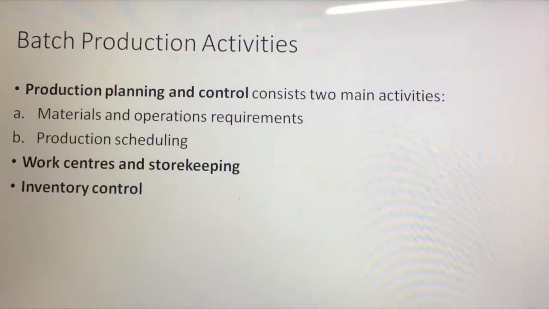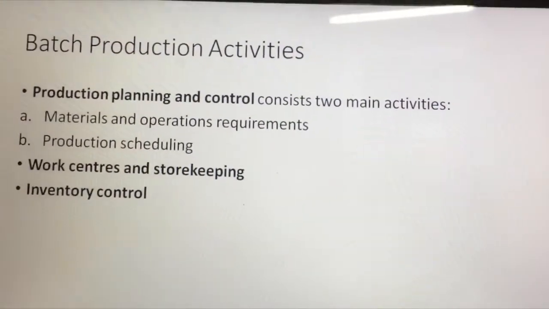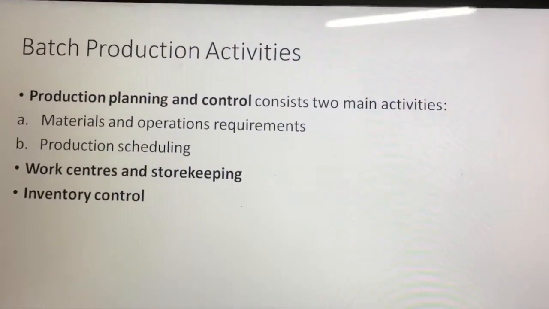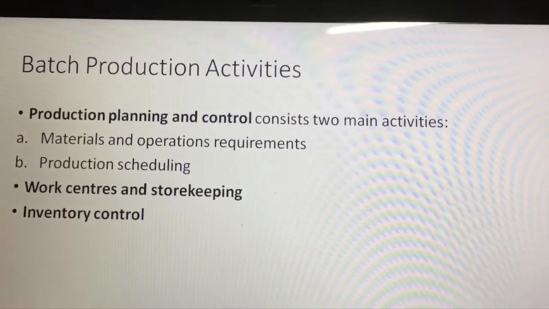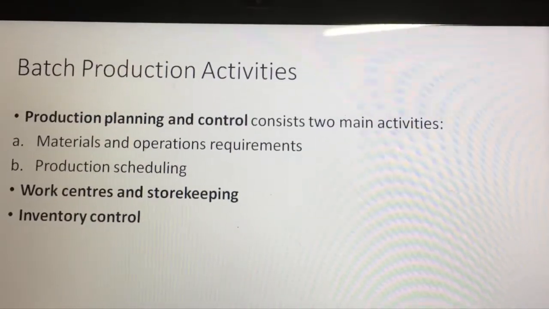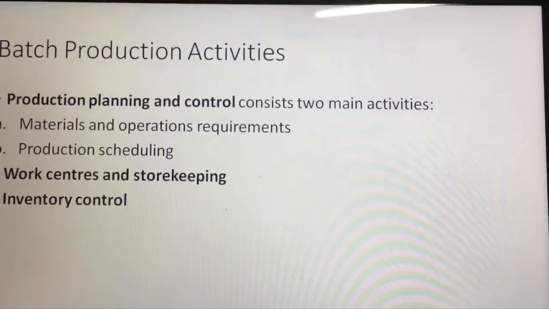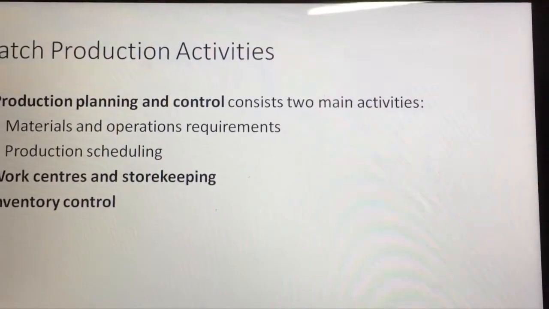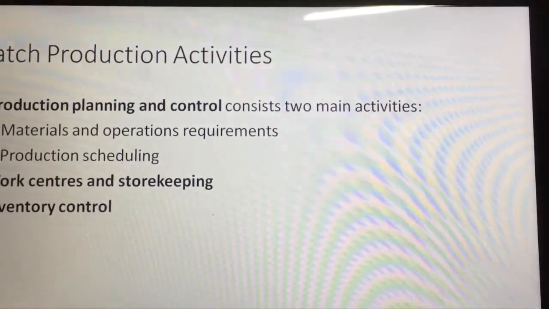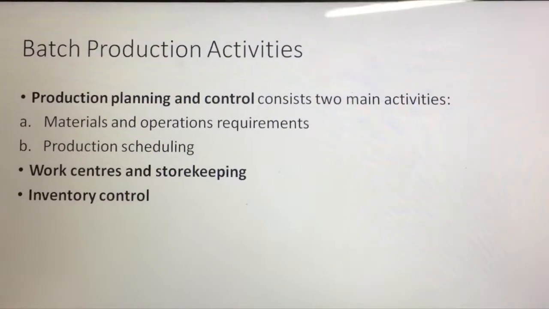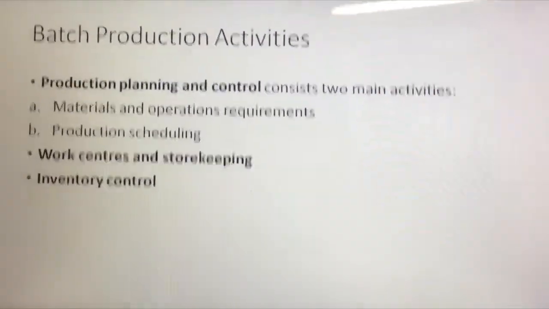As for materials and operations requirements, the raw materials requirement for a batch of any given product is the difference between what is needed and what is available in the raw material inventory. This information comes from analysis of inventory on hand, the sales forecast, engineering specifications, and the bill of materials.